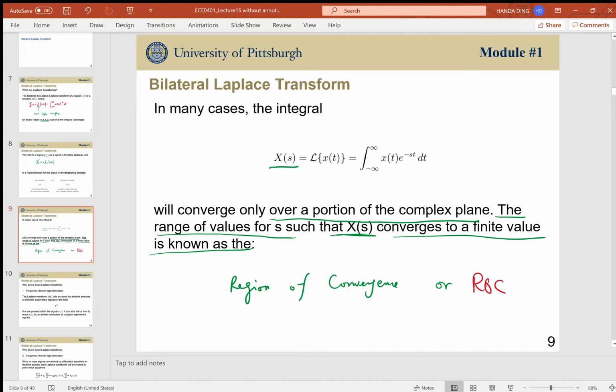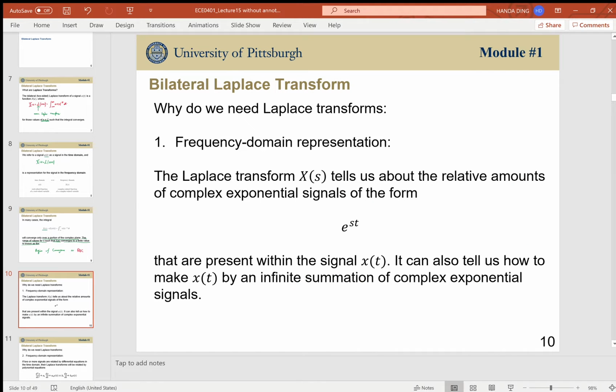And the big question will be, why do we need Laplace, right? That's the first question you always ask. So let me explain this way. The Laplace transform really tells us the relative amounts of the complex exponential signal, this guy, e to the st, where s is a complex number.